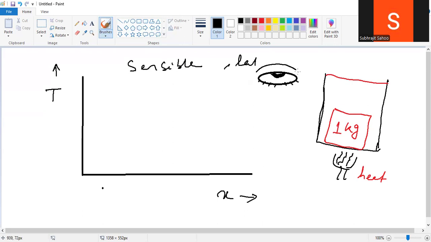So, what observation? Here also, I am attaching a thermometer. This is called a thermometer.